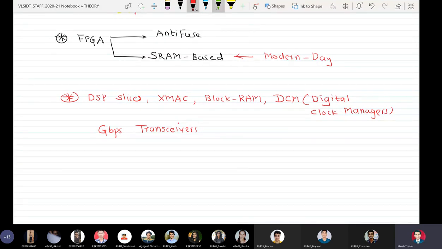Okay, so these are the features of an FPGA.